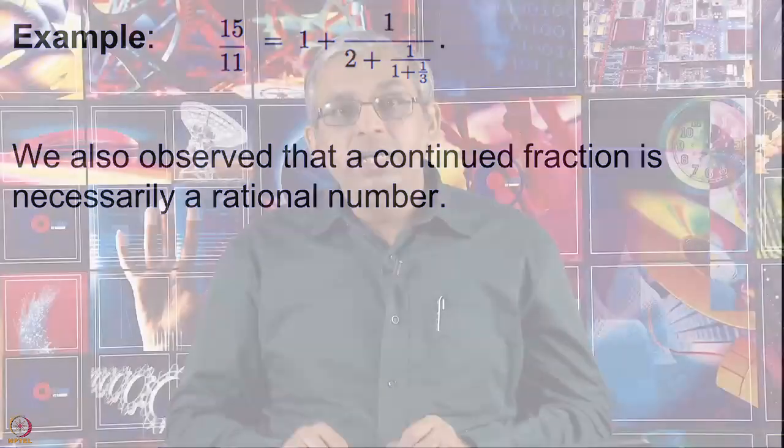Observe that a continued fraction is obtained by starting with an integer a0 plus 1 upon, with a long horizontal line, below which you write a1 plus 1 upon another slightly shorter horizontal line, then a2 and so on, and we stop at an, only finite data. We observed in the last lecture that this is necessarily a rational number.